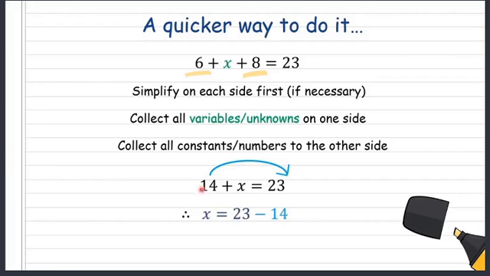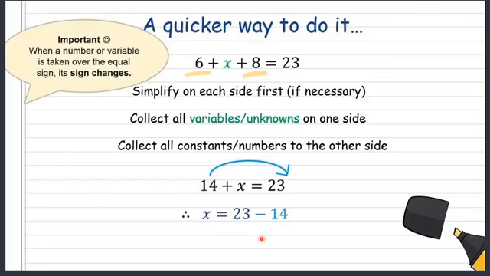There's an invisible plus sign in front of the 14. When a number or variable is taken over the equal sign, its sign changes. That's why it becomes minus 14. And x then is equal to 9 because 23 minus 14 is 9.